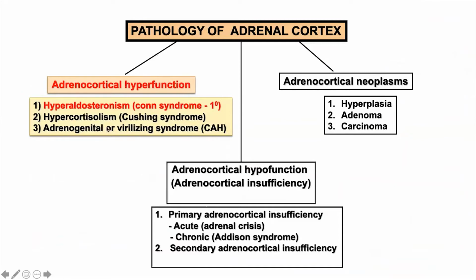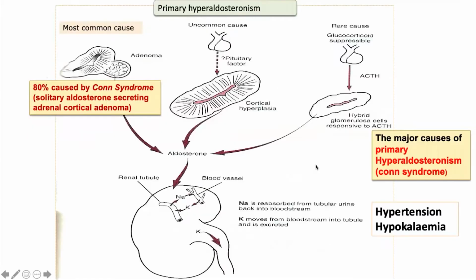In hyperfunction, we need to discuss the first zone related to aldosterone, the second zone related to cortisol, and the third zone related to sex hormones, androgen. And then after that, we will go one by one about the hypofunction and also the neoplasm. I hope everyone is clear about what we are going to cover during this lecture.